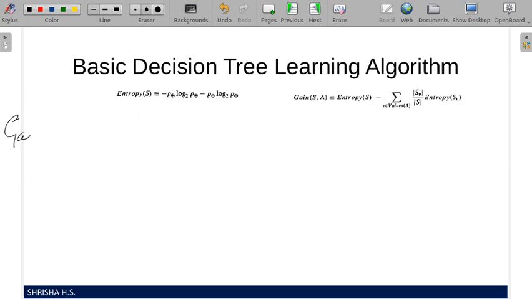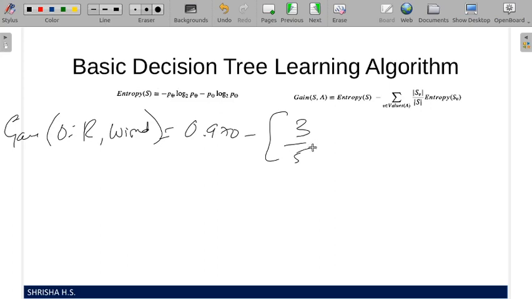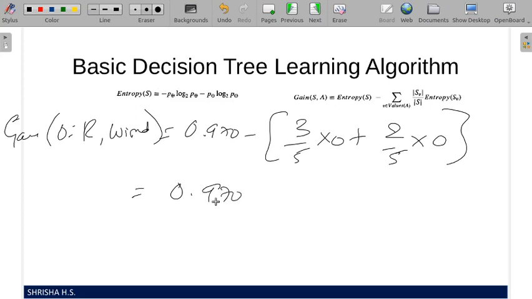Now let's calculate the gain when outlook equal to rain and with respect to wind. So we'll straight away write 0.970 minus, so there were 3 instances with entropy 0, and 2 instances of strong, its entropy was also 0.